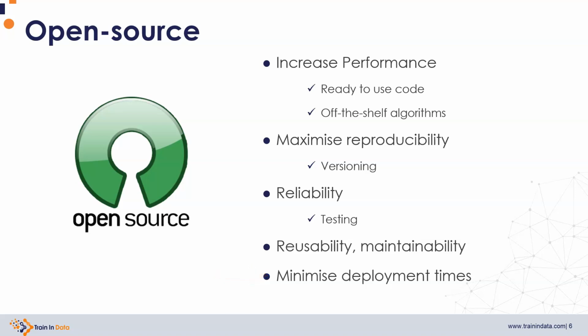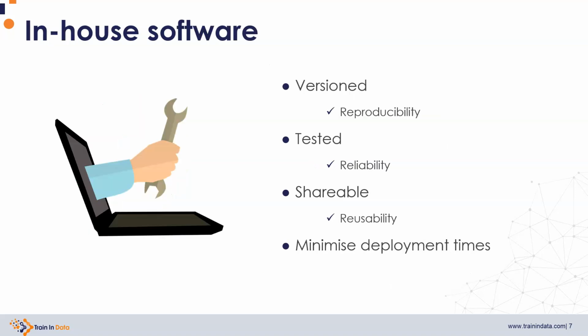So what happens when we need to transform our variables or train a model that is not available in a Python library? In this case, perhaps the best solution is to create in-house software. You may wonder why. Well, for various reasons. First, if we create software, we will automatically version our software, which means that as we maintain and develop the software, we can increase the versioning so we know which version we are using in each machine learning system.